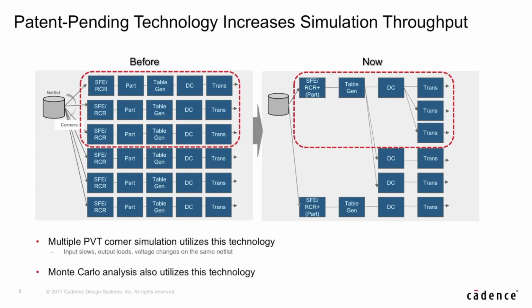This is when people ask me what kind of speedup you're going to see with Super Sweep technology. The answer is it really depends on the design, on what percentage of the total simulation time is the transient time. If the transient time compared to the total simulation time is small, you will see a very significant simulation performance improvement.